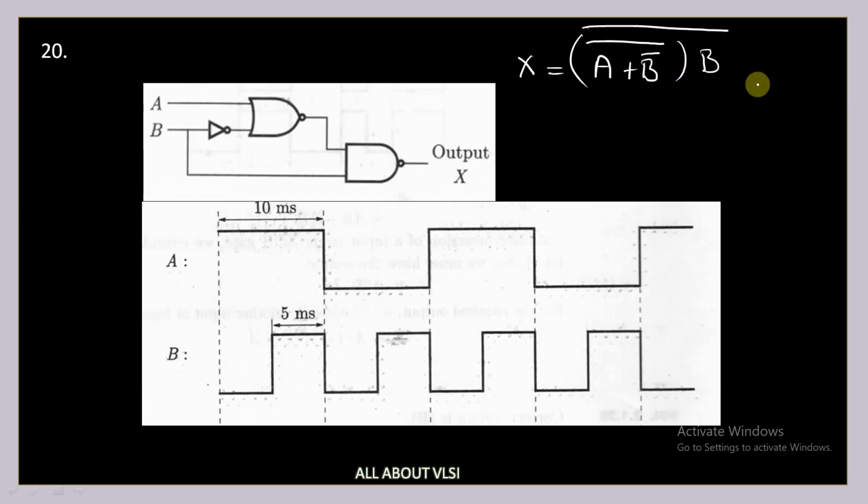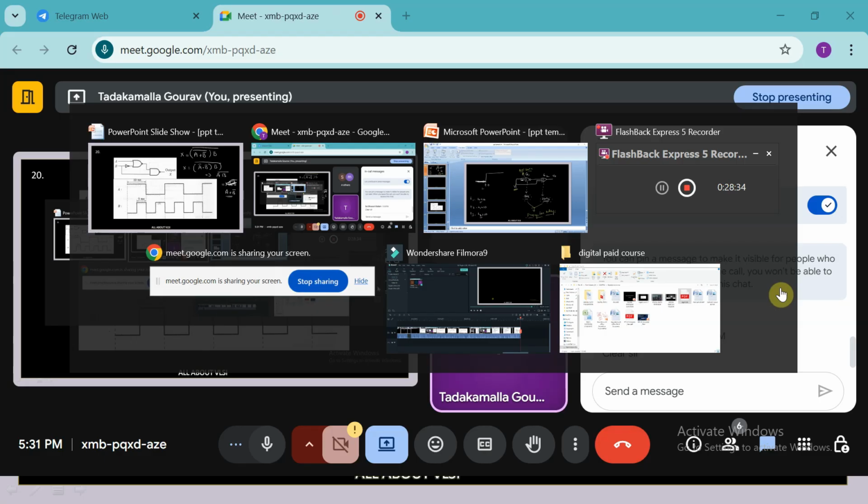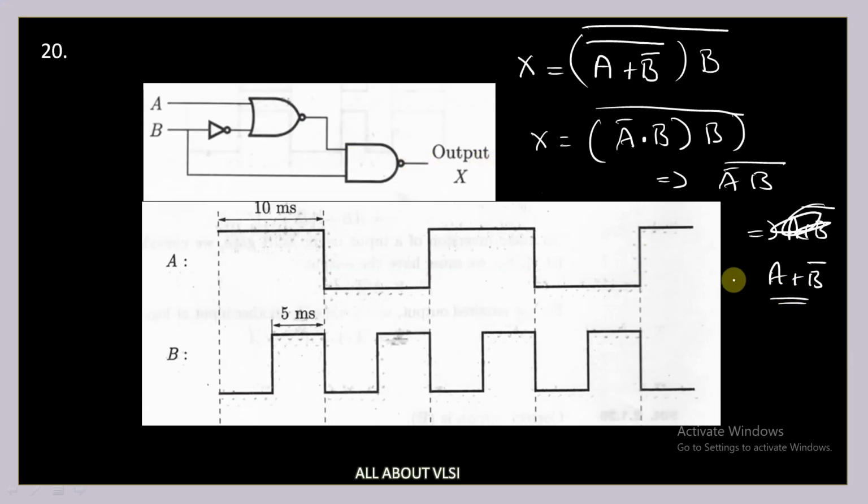If I solve this, x is equal to a bar dot b into b the whole bar, that is nothing but a bar into b bar, that is nothing but (a plus b) bar. So this is my output expression.